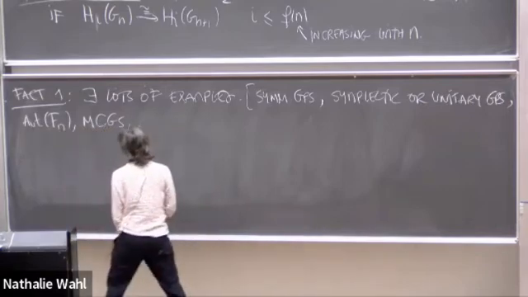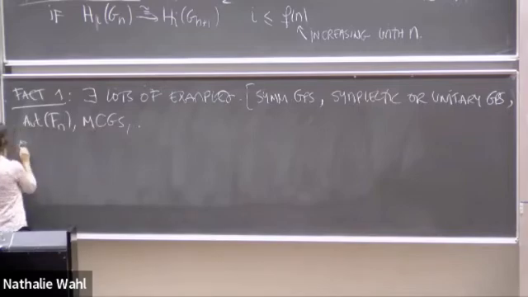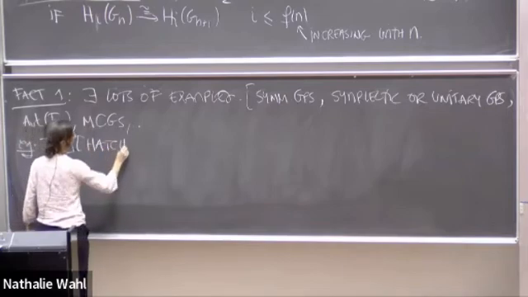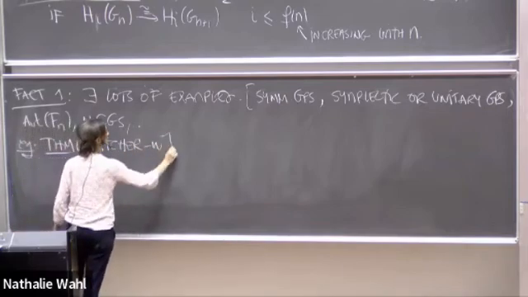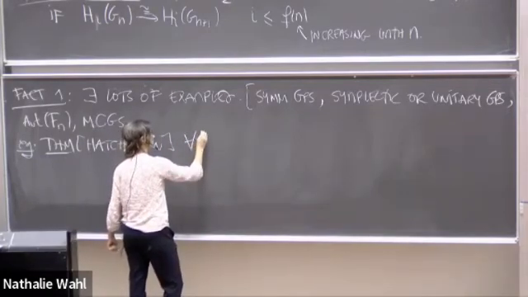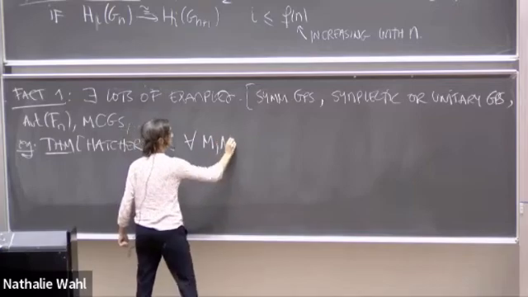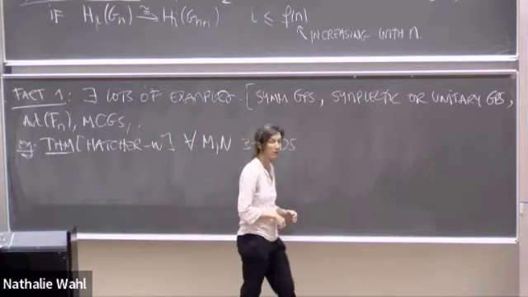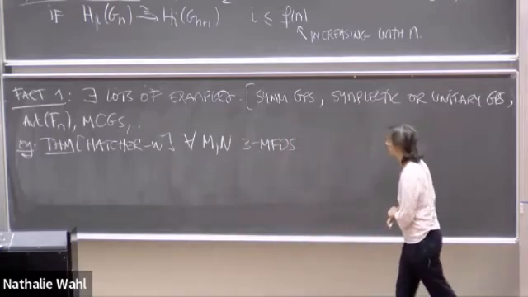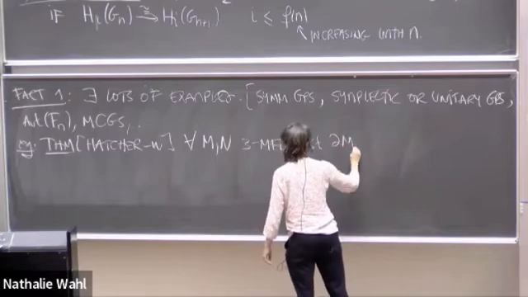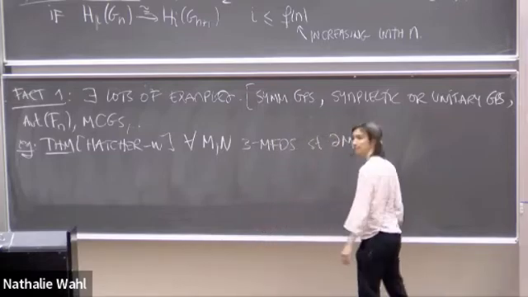And here I want to give you a sample theorem that I proved with Allen Hatcher a few years ago. It says the following: for any 3-manifolds M and N, so you pick 2 3-manifolds, the only condition I want is that the boundary of M is non-empty.